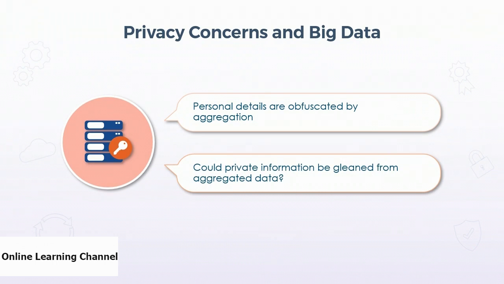Well, yes and no. It really depends on your data set. So there's still things that you have to do to prepare your data set. For example, if you had 10 people in your diabetes dataset and 10% of those people had diabetes, then you know that one of those people has diabetes and you may be able to figure out which one through other queries. So let's talk about how we can keep our data private.